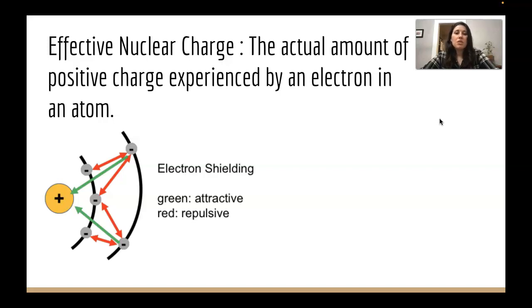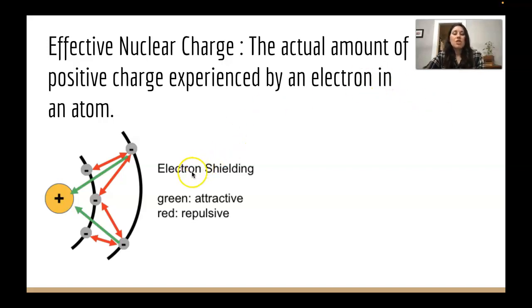So the effective nuclear charge is the actual amount of positive charge experienced by an electron in an atom. All right, so we know that the positive charges are in the nucleus, the protons are in there, and the electrons are outside surrounding the nucleus in the orbitals. So those two things are attracted to each other. But as you get a larger and larger atom and you add more orbitals and more electrons, the outer electrons also feel a little bit of repulsion from those other electrons.